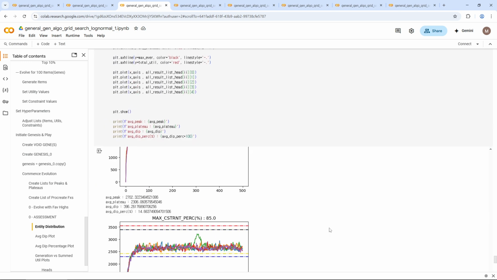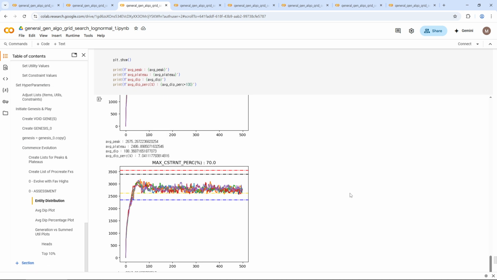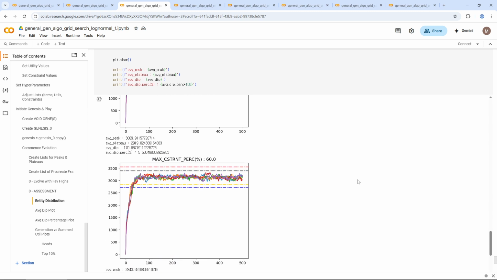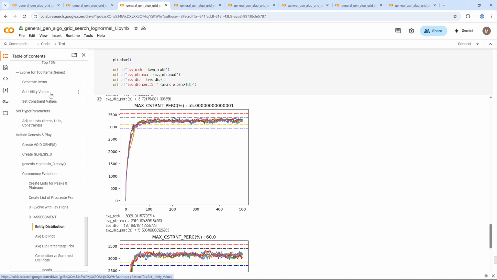So that's just really odd, because when we had the maximum constraint percentage at 55. And the total sum, yeah, like seriously.